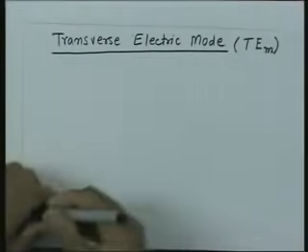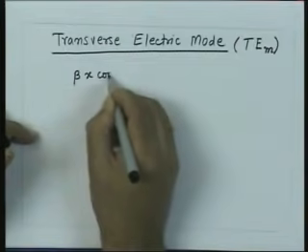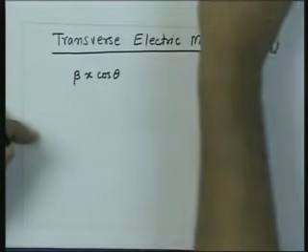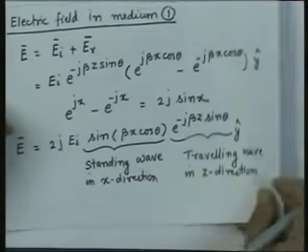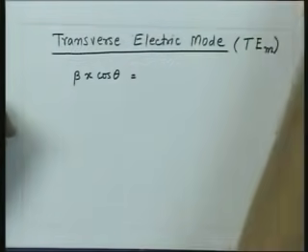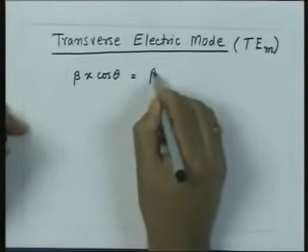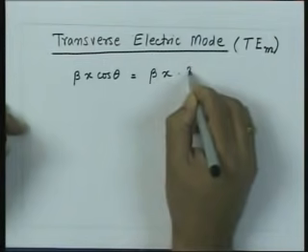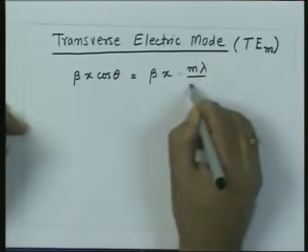So, from here I can get first of all this quantity beta x cos theta, which is coming in the field expression for the electric as well as in the magnetic field. So, I can substitute for cos theta, which is m lambda upon 2d. So, I can write here beta x into m lambda upon 2d.